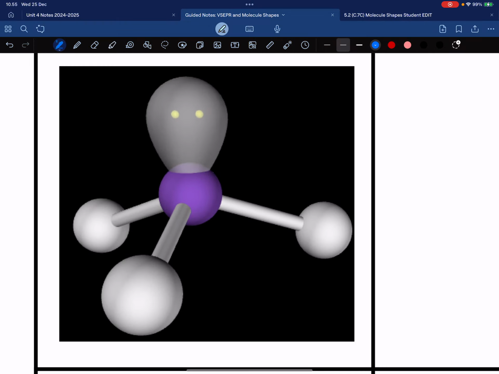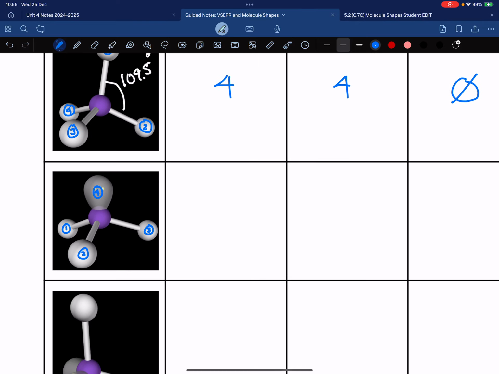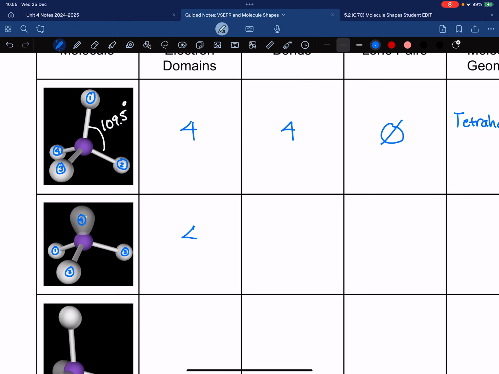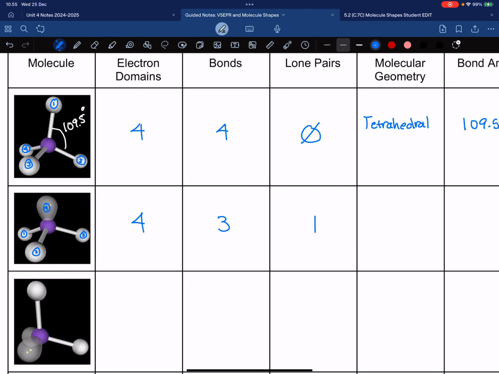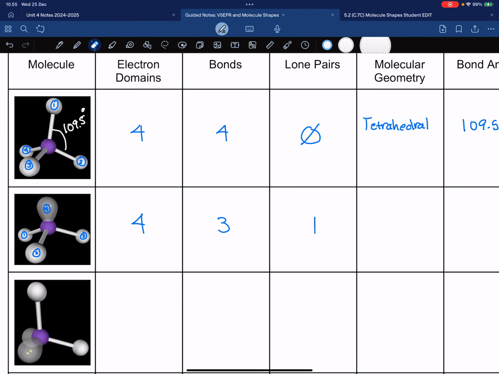We still have 4 things hanging off of the central atom. So we got a 1, 2, 3, 4. So that gives us 4 electron domains with only 3 bonds and 1 lone pair. That gives us a molecular geometry of trigonal pyramidal.